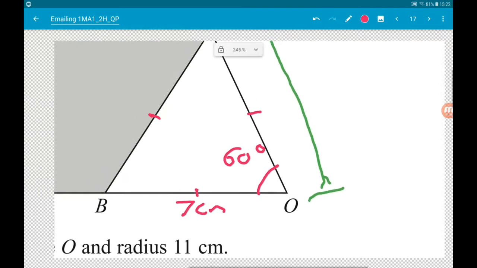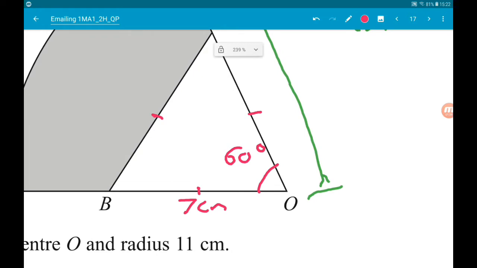Now we only need that one down there. We want to calculate the area of the shaded region as a percentage of the area of the whole sector. Give our answer correct to 1 decimal place.